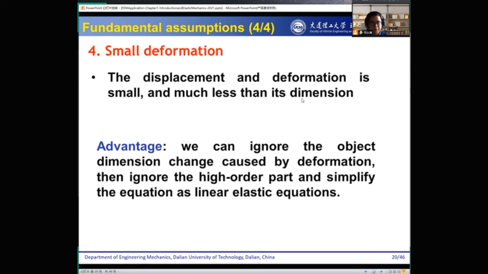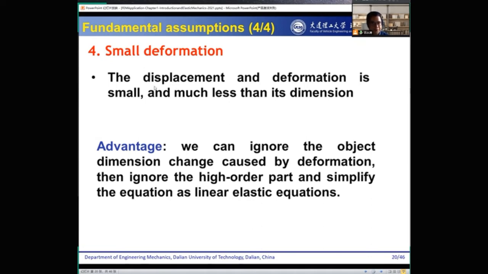If you have a very small object, for example a 1 millimeter object, then a displacement of 0.5 millimeter will be large. If you have a 1 meter object, then the same deformation, 0.5 millimeter, will be very small. So it should be relative to its dimension, and it should be much less than its dimension.